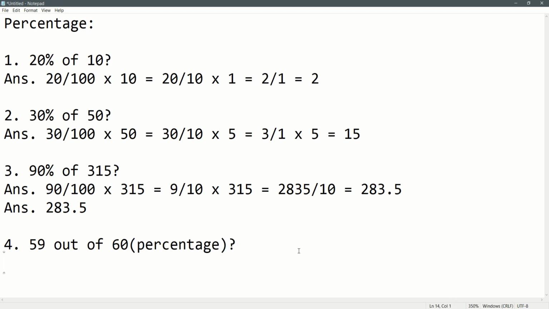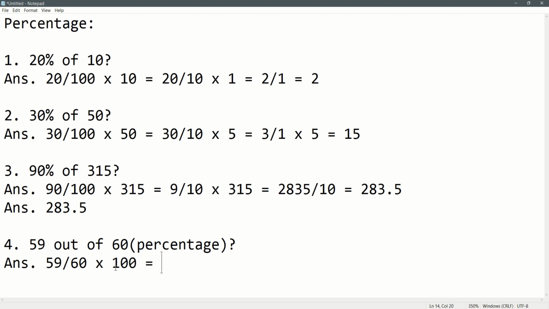Now, for finding the percentage, it's quite easy. It is what you got upon the total amount, which is 60. The thing which is the numerator is what you got, you will place it at the numerator place, and the denominator would be the total amount.